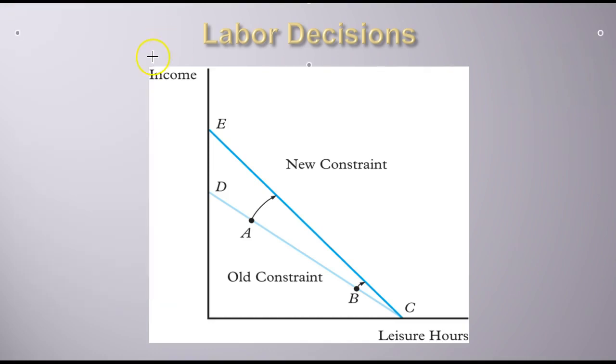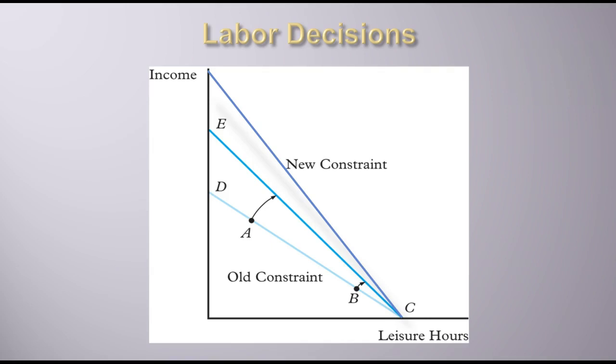So the more this pivots out, the more it's going to depend which effect is bigger, because the more hours you work, the more income effect you're going to have.